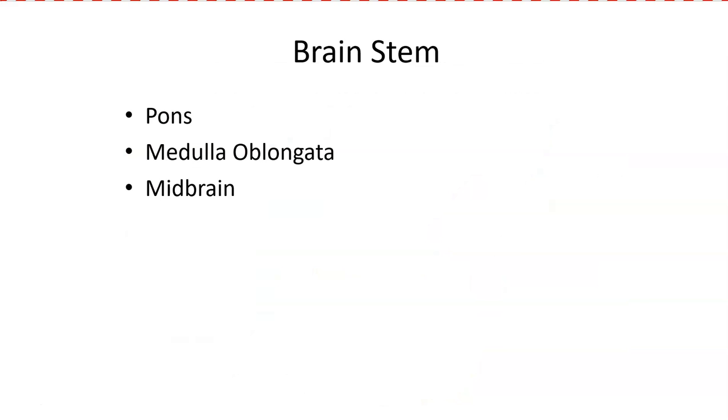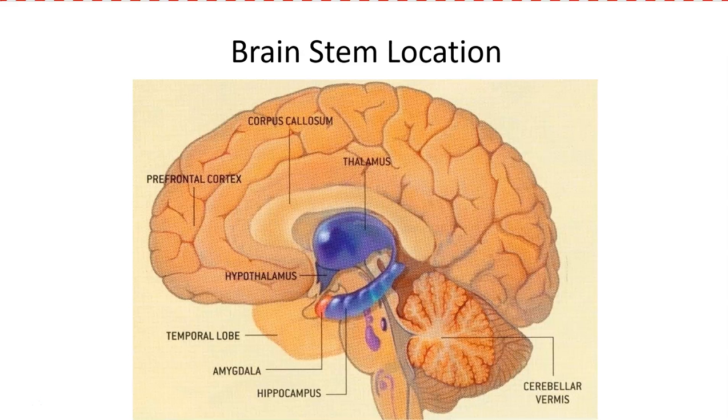Let's talk about the brainstem. The brainstem has three components: pons, medulla oblongata, and midbrain. You can see here this big large area is the thalamus, and if we head down below, the midbrain is hidden right underneath it, right in this area there. The pons is here, and then down below, that's the medulla oblongata.